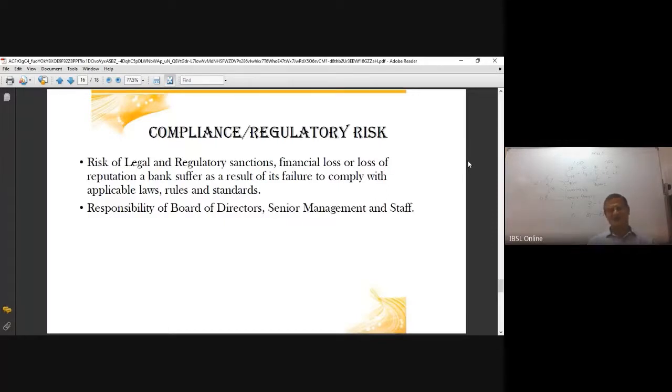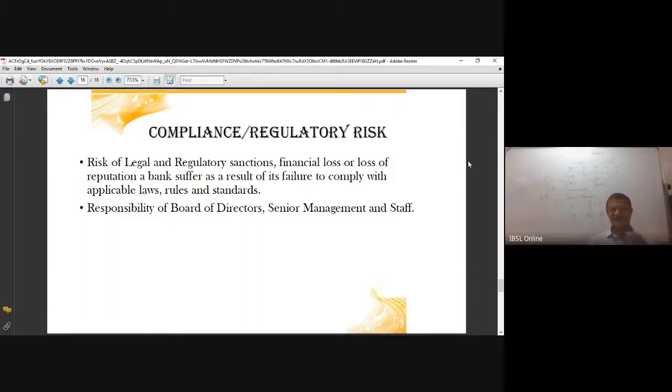You can also view another document under the same website, directions issued prior to 2013 in a booklet. And I suggest you go to this particular website, download that booklet, and also look at anything relevant to risk management.